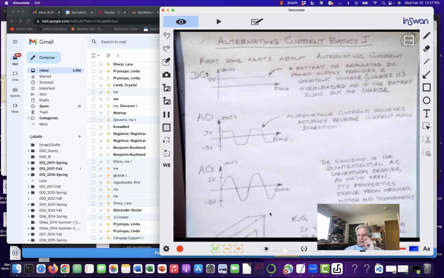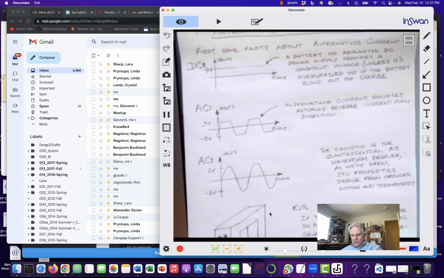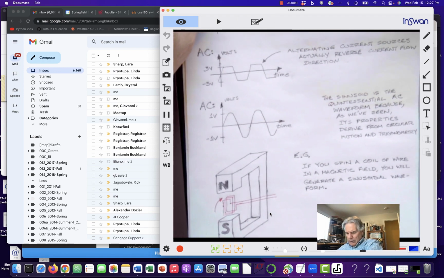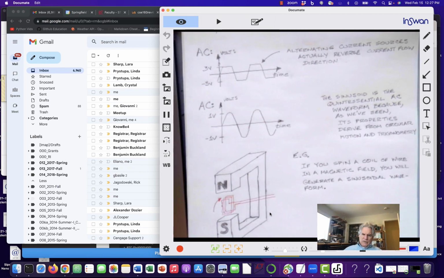Now let's take a look here. I'm going to move this so you can see this fantastic drawing. And in the notes you have there is a sine wave out here. What I'm trying to show is that if you spin a coil of wire in a magnetic field, you will generate a sinusoidal waveform.